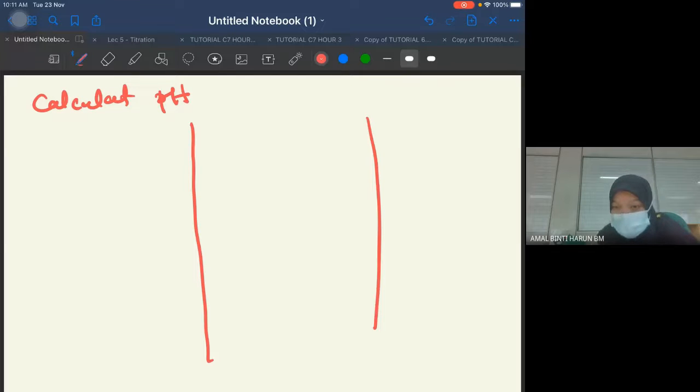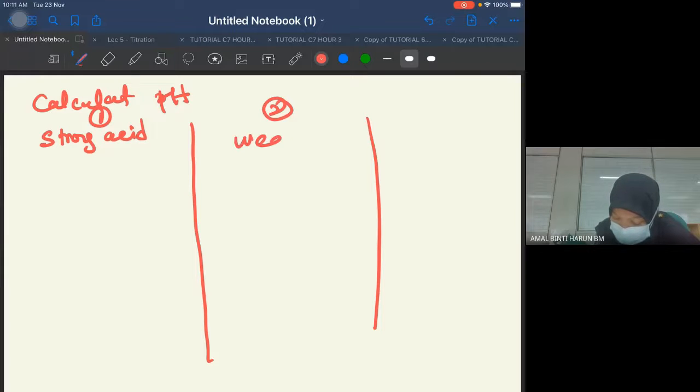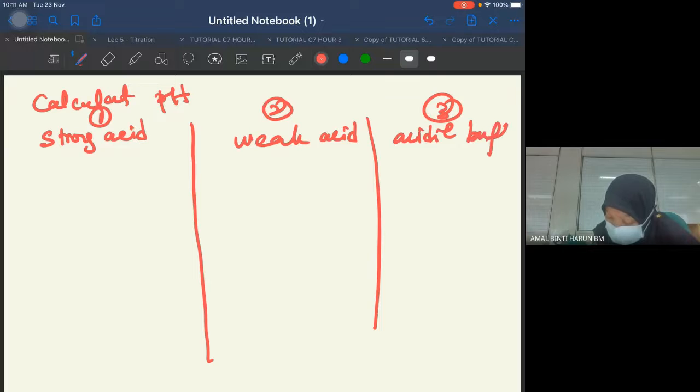The first condition involves only a strong acid. The second condition is the weak acid. The third condition is the acidic buffer. So if you look at the questions, all of them ask to calculate pH. What differs is the formula. For strong acid, we use pH equals negative log concentration of H plus.